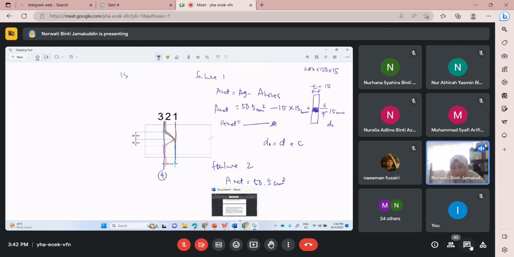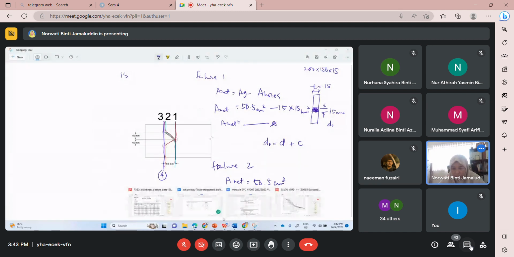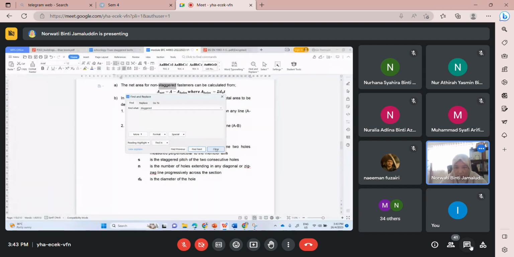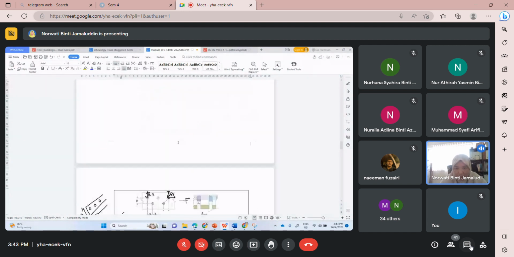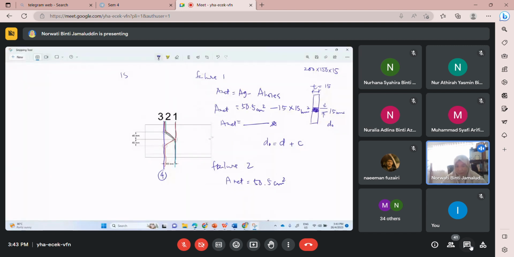For diagonal, I need to use an equation.